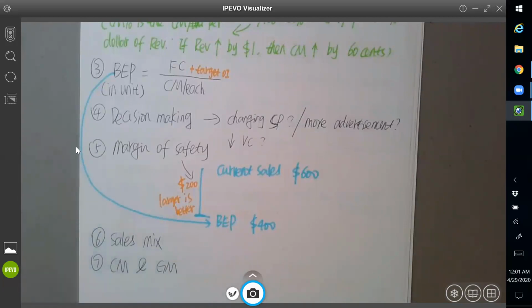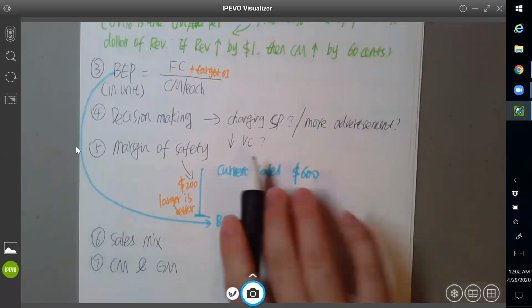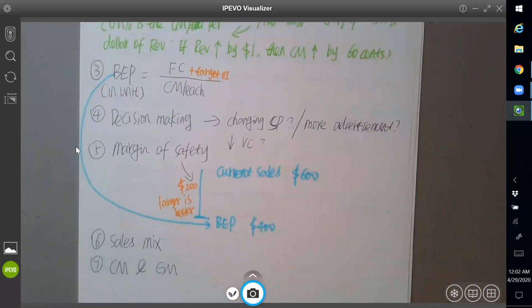So the common mistake is some students know, hey, you sell more, your revenue will be more, but they still use the original variable cost. That's wrong, because your total variable cost will also change when your sales volume changes. Other than that, you do a lot of CPA questions, you practice a lot. I think you should be fine.